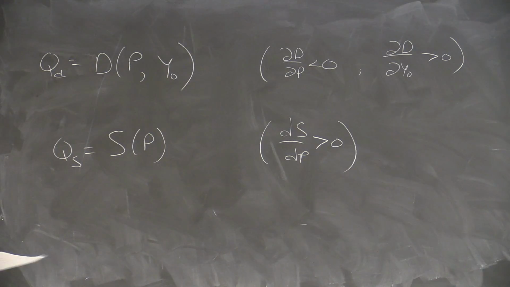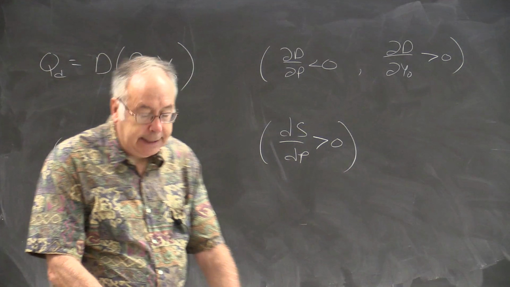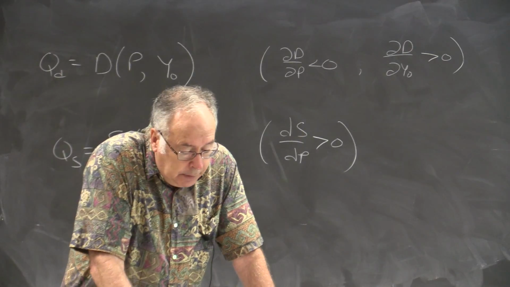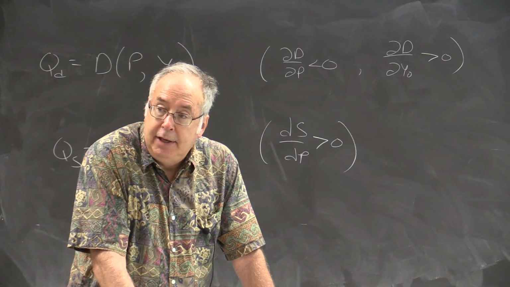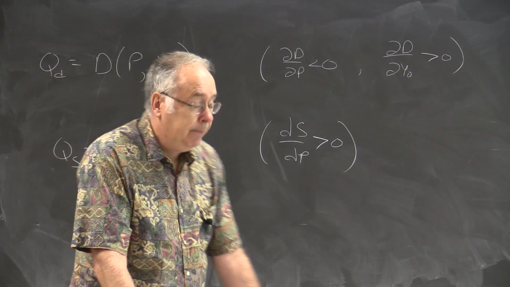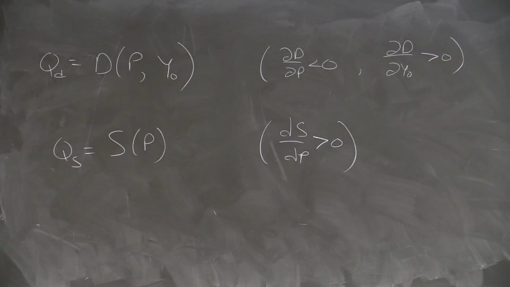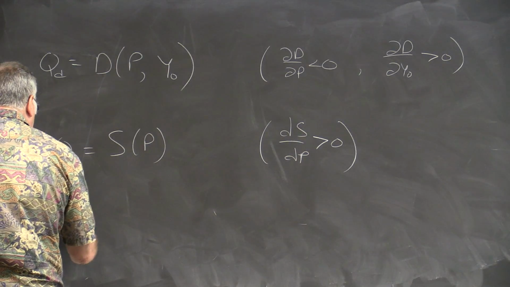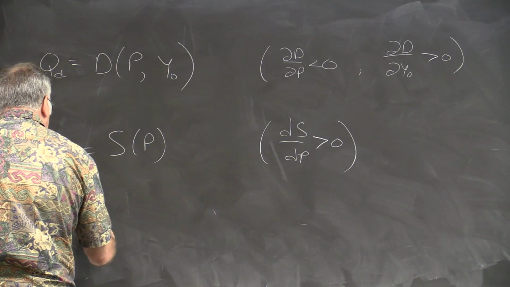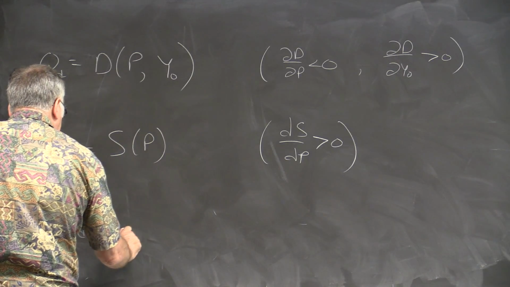Under what conditions can you express the equilibrium price, P star, as a function of income? Well, let's rewrite this. Notice the equilibrium condition, which I did write on here. The equilibrium condition, of course, is QD equals QS.